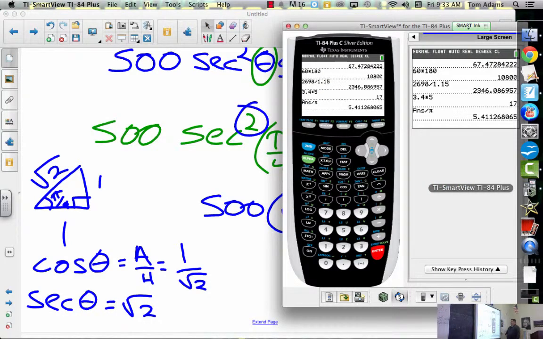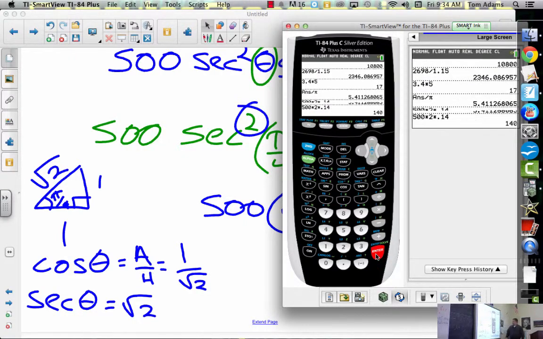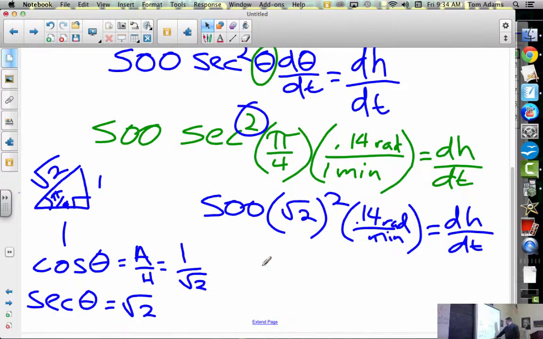Let's plug that in the calculator and see what we get. Well, I already kind of know, but 500 times root 2 squared, which is really just 2, times 0.14. It's really 1,000 times 0.14, so it'd be like 14,000, and you move the 2 decimals. What's that? 140? Yeah. So what is it?